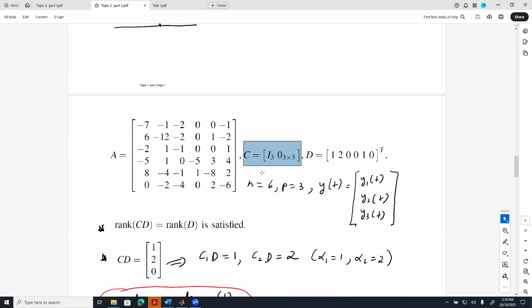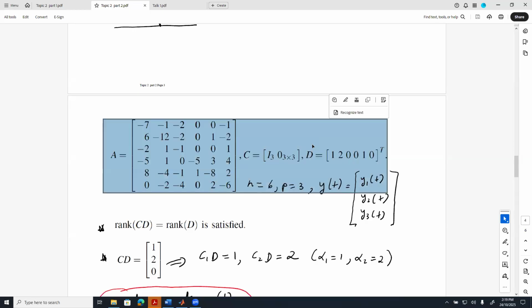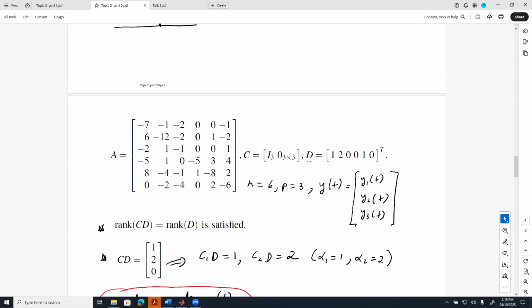So what happened here is the first output contains the first variable x1, the second output is the second variable x2, and the third output is the third variable x3. We just pick the unknown input matrix to be 1, 2, 0, 0, 1, 0. It's a column, and this is just the notation that this is the transpose of this row here.